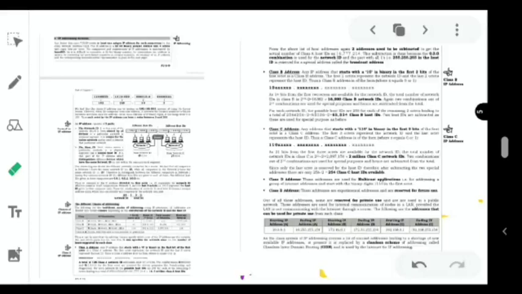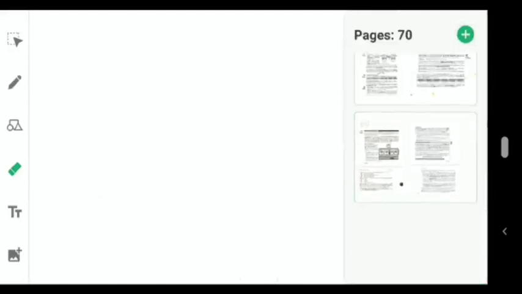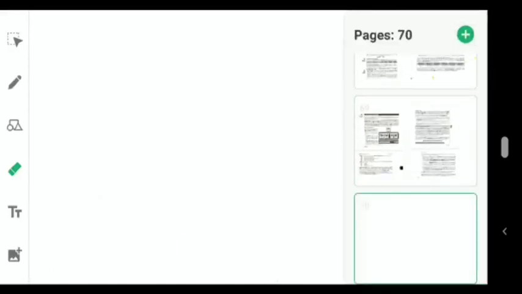I am taking a single page, so it will be better for you to understand this one.